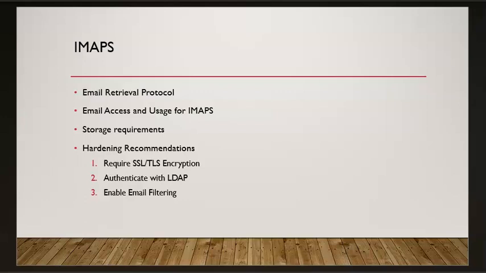This can be done by changing the SSL settings in the dovecot config file that we already have on our Linux server. It's as simple as changing ssl equals yes to ssl equals required. If you have your own signed TLS certificate, you can also change the SSL cert and SSL key locations in the document to use your own CA certificate.